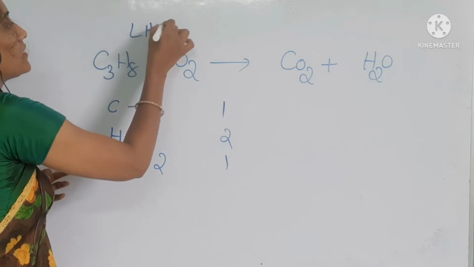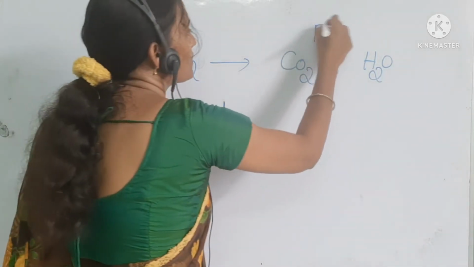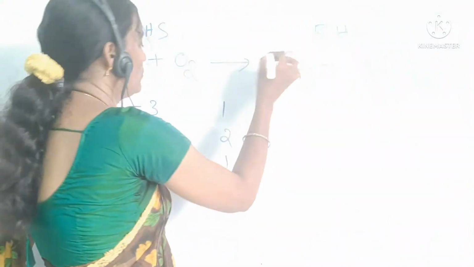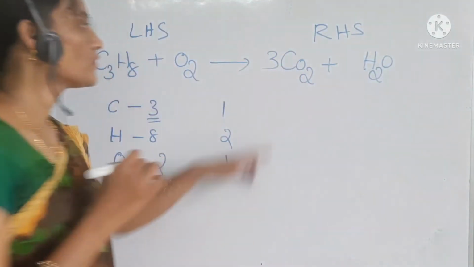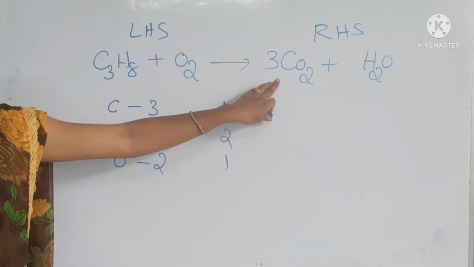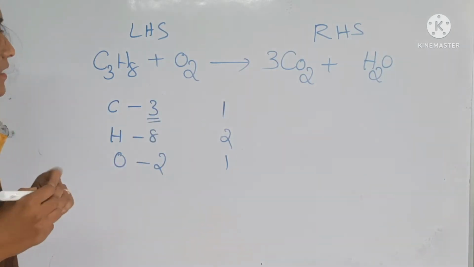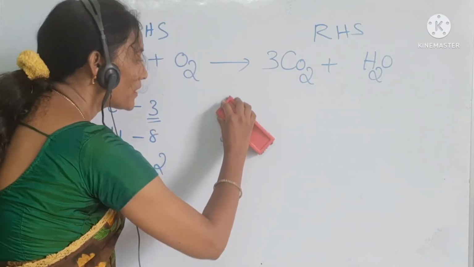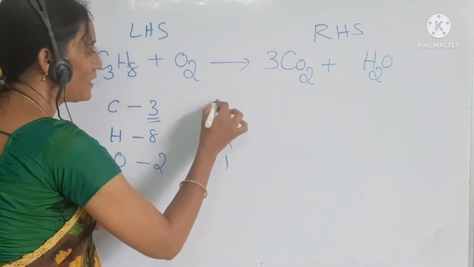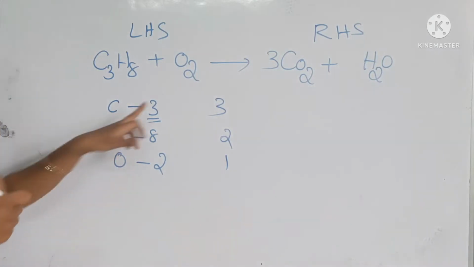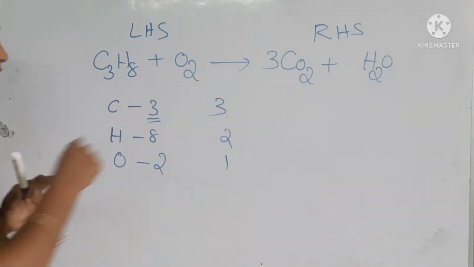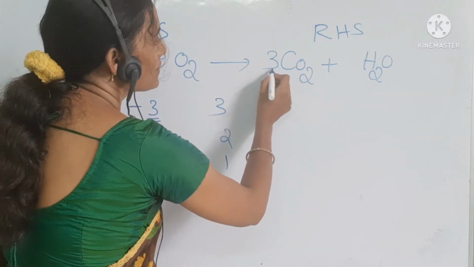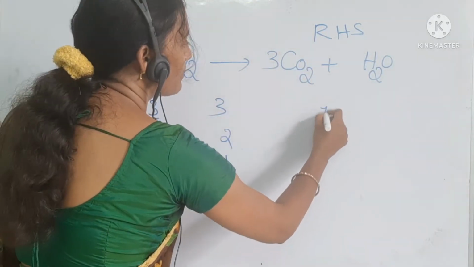LHS indicates the reactants, RHS indicates the products. So you add coefficient 3 to the carbon dioxide. Then the carbon atoms will be balanced on the reactant and product sides. Now, how many oxygens are there on the product side? See, 6 plus 1, 7 are there.